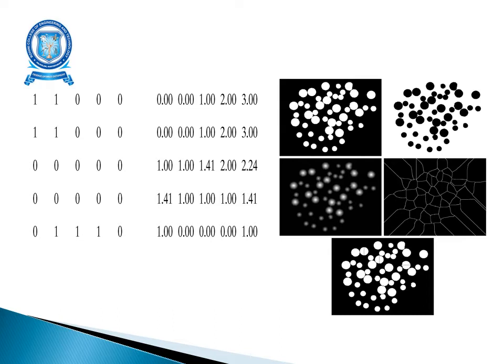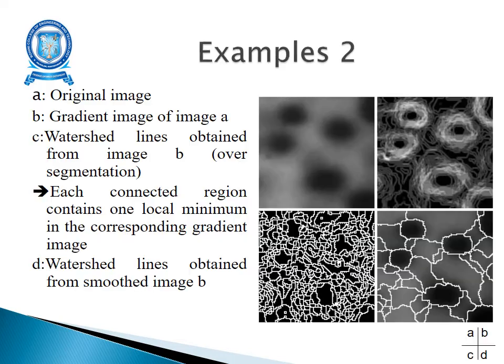You can see in the example that there is a clear difference between the input image in the first one and the output image in the last one. Okay, so this is the second example. A is the original image.